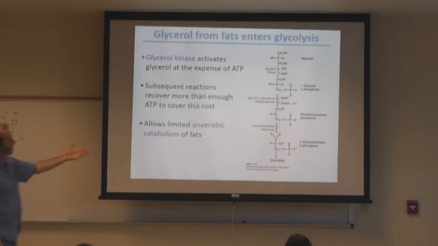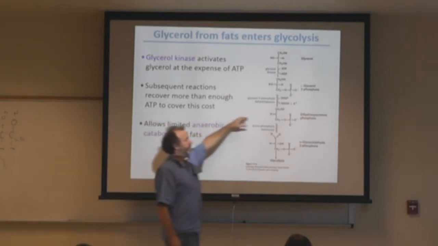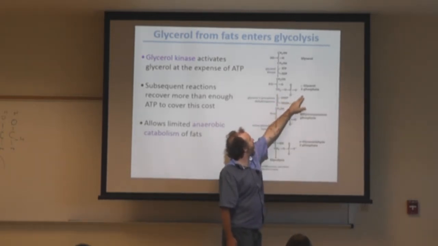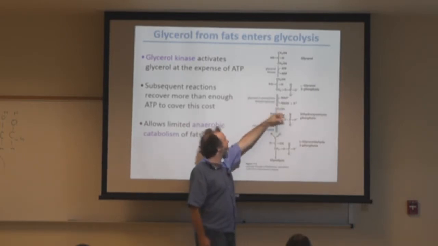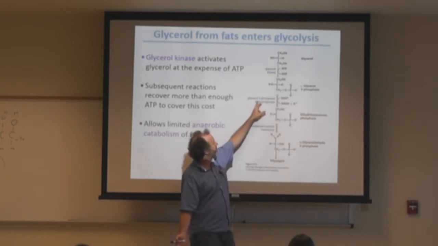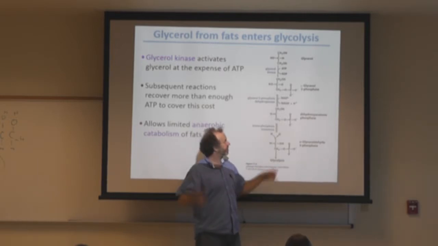This is how glycerol will enter glycolysis. You have to activate it with ATP to form glycerol 3-phosphate by glycerol kinase, an enzyme that adds phosphate to glycerol. Then you oxidize it with glycerol 3-phosphate dehydrogenase, and NAD will pick up that hydrogen, taking those electrons away.